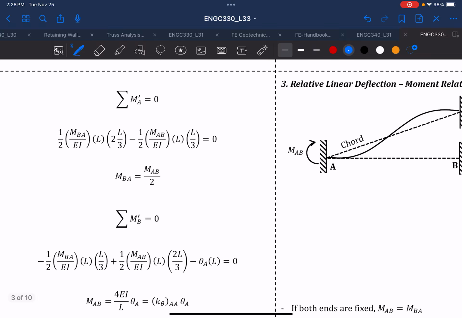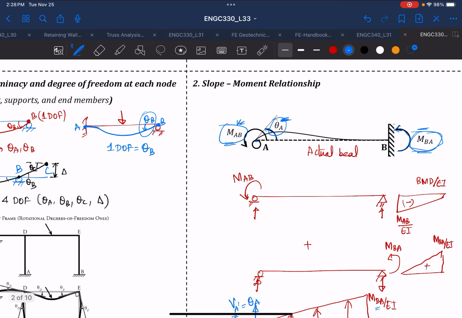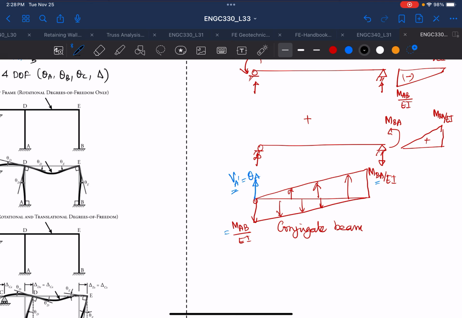For that, if you take a moment about A, this is A dash, B dash, just to represent that these are all the conjugate beam.